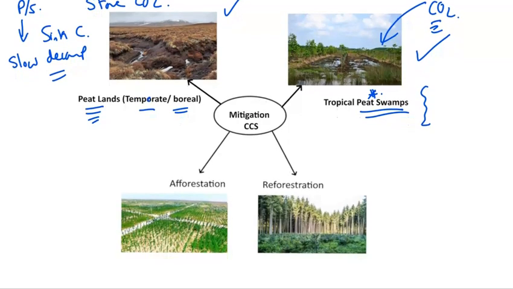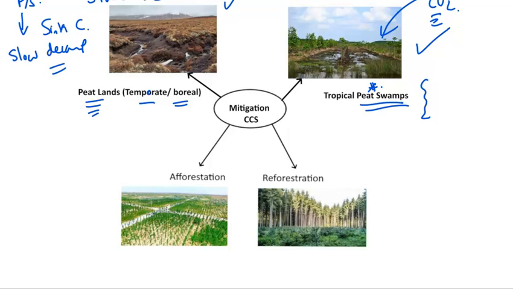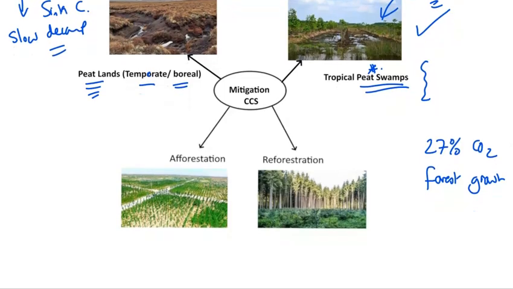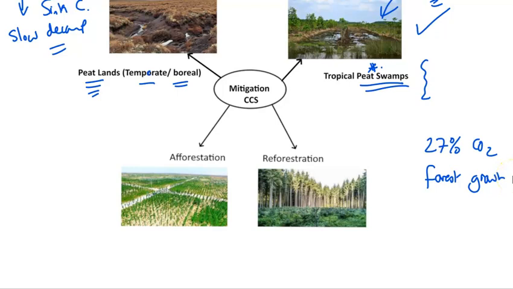There are two forestry strategies associated with the idea that you'll recall from the first video that around 27% of all the carbon dioxide produced extra can be taken up by forest growth. Other biomes also take up carbon dioxide, it's just that the forests are well noted for that process.